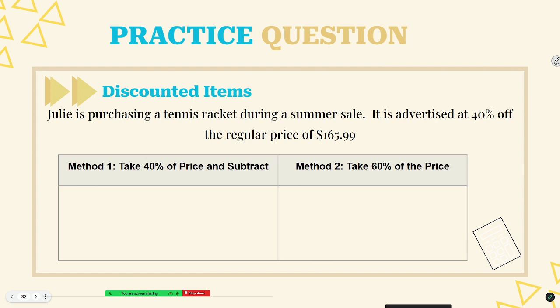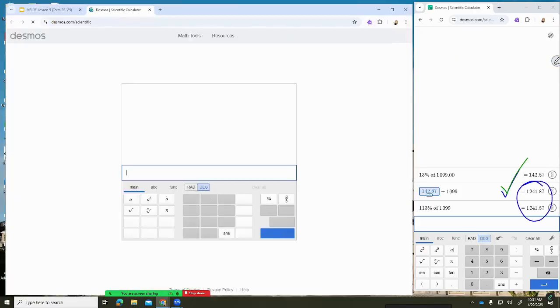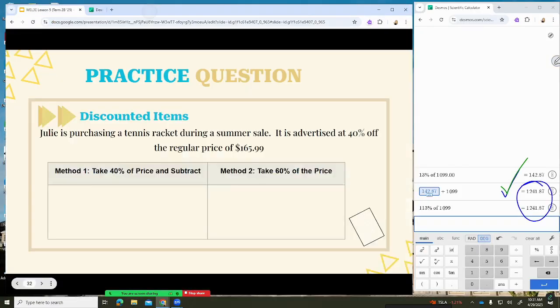Our practice question has Julie. Julie is purchasing a tennis racket during a big summer sale. It is advertised at 40% off the regular price of $165.99.